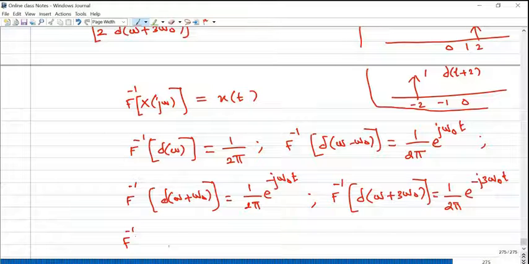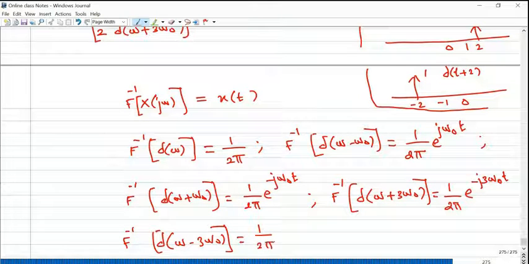So the last component, del of omega minus 3 omega naught. The result is 1 divided by 2 pi e power plus j3 omega naught. Okay, from where is this formula? This formula we have derived already. So no need to solve again. So just write down the answer only.